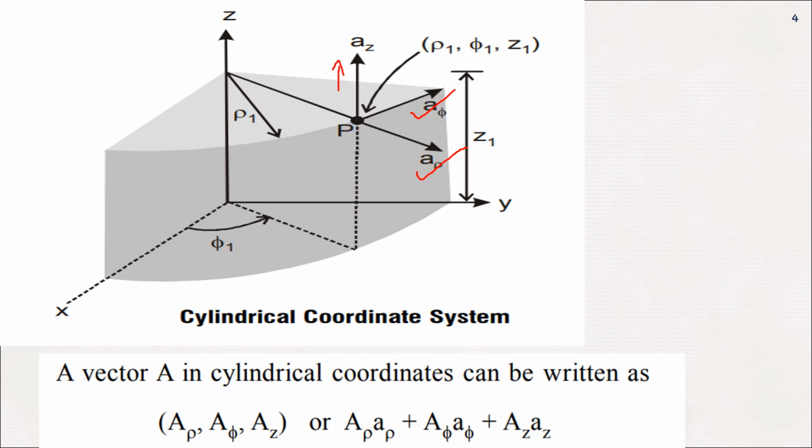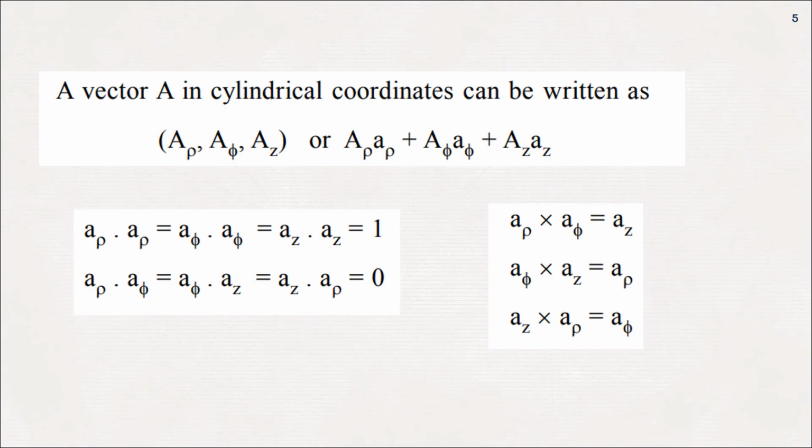So any point P is represented as rho 1, phi 1 and z 1. Now, how do you represent a vector? A vector A in cylindrical coordinates can be written as A rho into a rho, this is the component along rho direction and this is the unit vector, plus A phi into a phi and A z into a z.